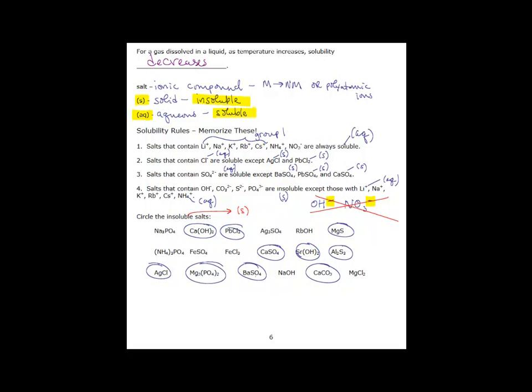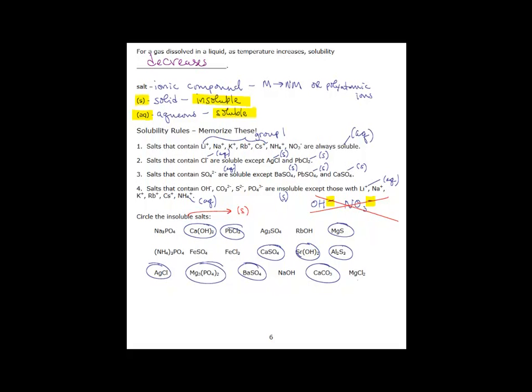Barium sulfate is insoluble if you look at rule number 3. So sodium hydroxide contains a group 1 element, so it's always soluble. So I didn't circle it. Calcium carbonate, see rule number 4. Calcium is not a group 1 element, so that's why calcium carbonate is insoluble.